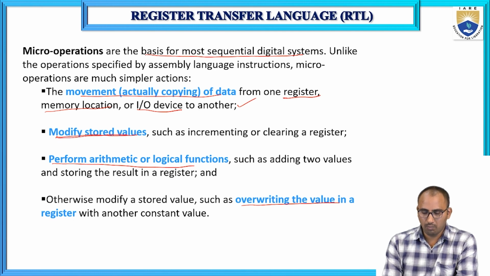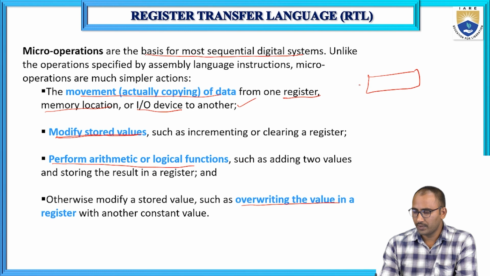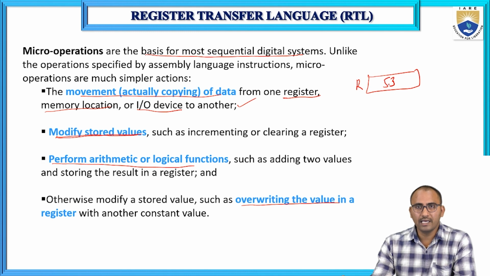The second one is modifying stored values. Modifying stored values means in general the registers are used to store some data. Suppose you have a register R, and in that some value is there, 53. We are modifying that value. That means either we are performing some increment operation or decrement operation, or sometimes we will clear the register also.